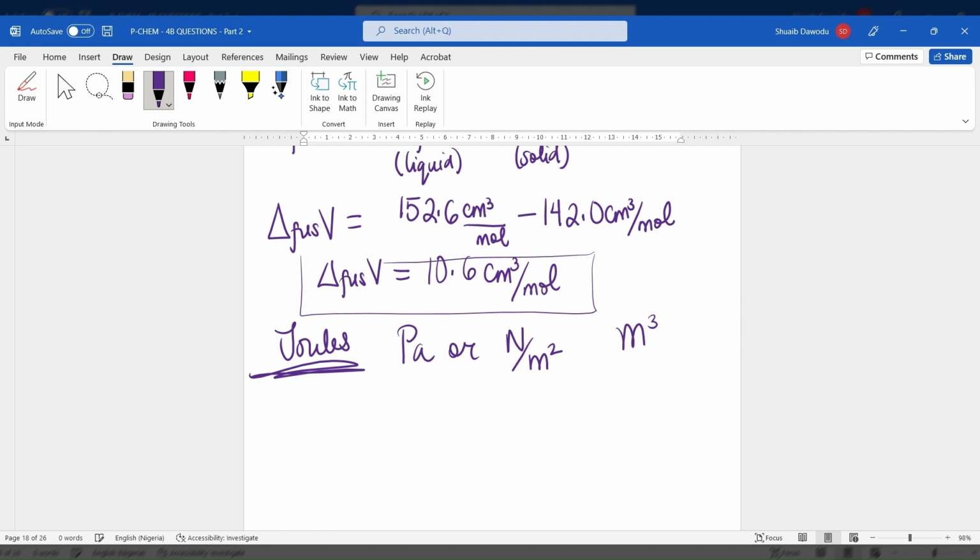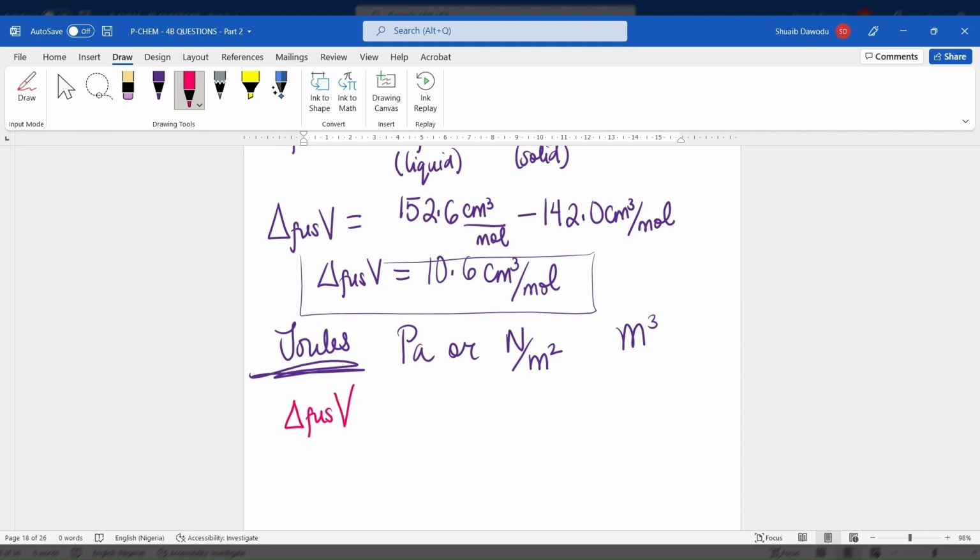There is no centimeter cube or decimeter cube anymore. The reason is that joules is equal to Newton meter. Whenever we're doing calculations, we need to be able to cancel out the units so that we get joules, which means we did all the unit conversions correctly and end up with the correct answer.